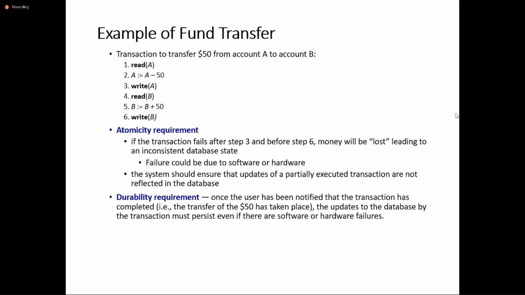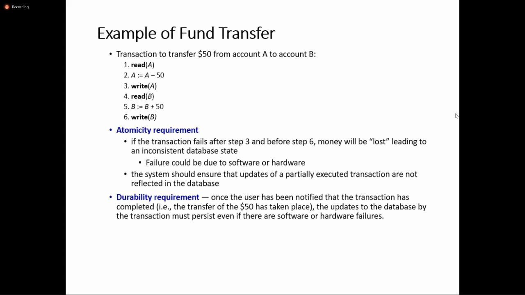Now we can call it the atomicity requirement. Okay, if the transaction fails after step 3, meaning steps 4, 5, 6 failed. For example, now with A's balance, we deduct the $50, withdraw the money.